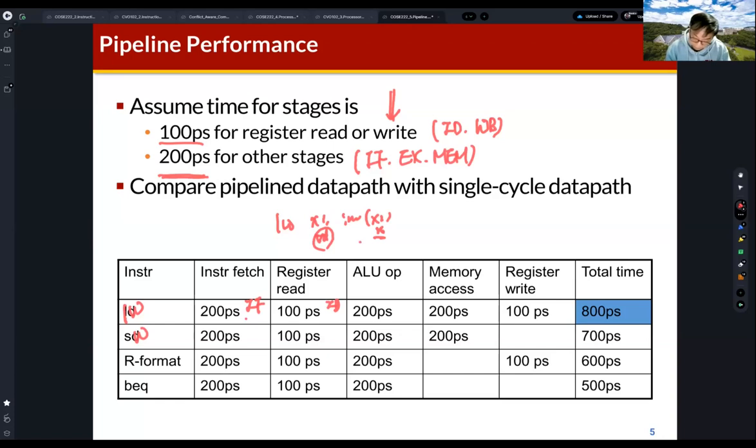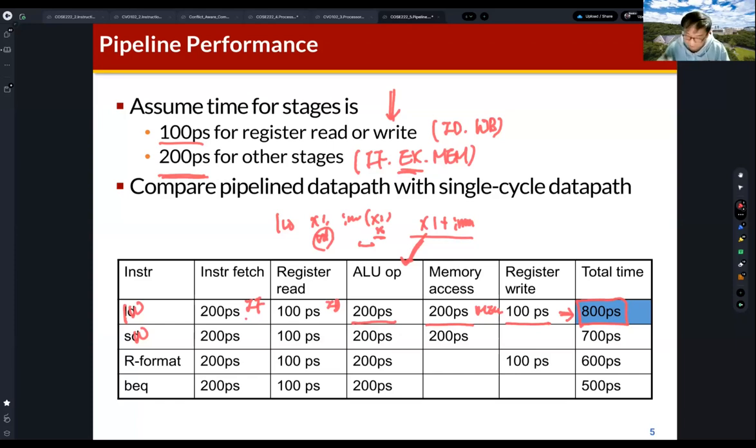Then we need to compute the address, rs1 plus immediate, using the ALU in the execution stage, which takes 200 picoseconds. Then memory is accessed to read the data from data memory, which takes 200 picoseconds. Then the register write takes 100 picoseconds. So in total, the load word takes 800 picoseconds. This is the delay of load word.